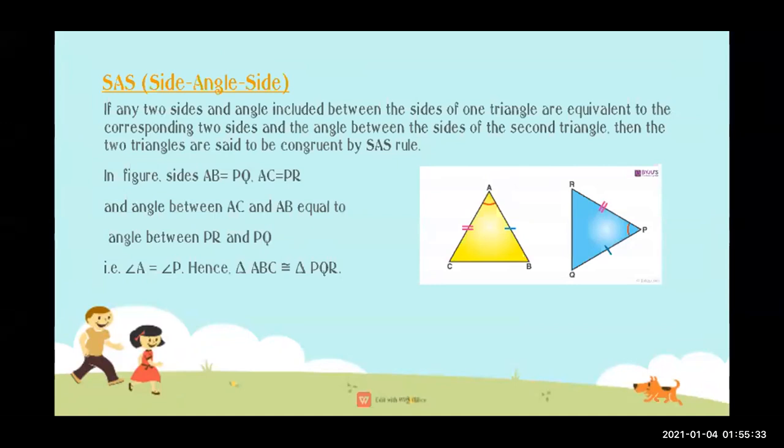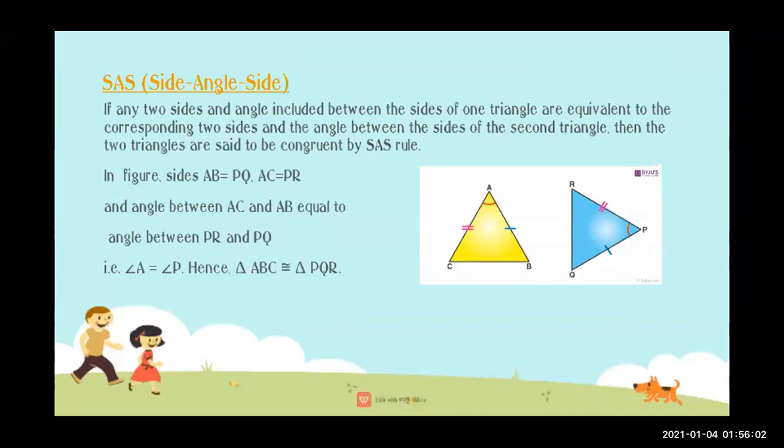So here if any two sides and the angle included between the sides of one triangle are equivalent to the corresponding two sides and the included angle of the second triangle, then the two triangles are said to be congruent by side angle side.